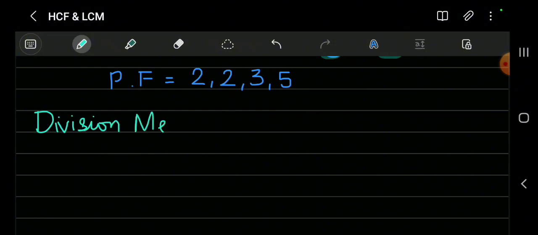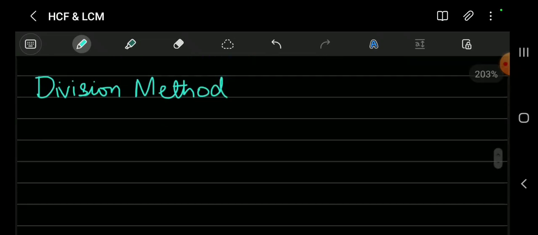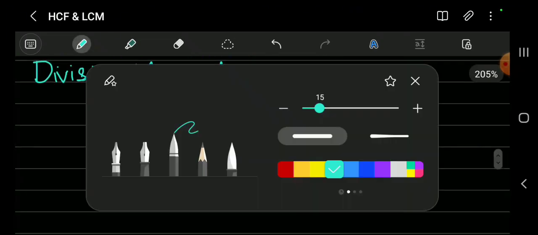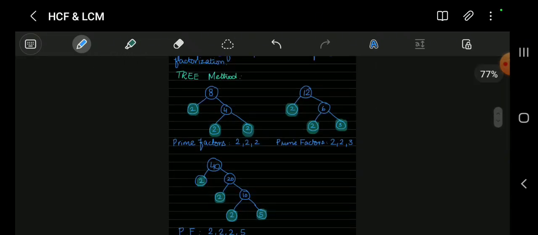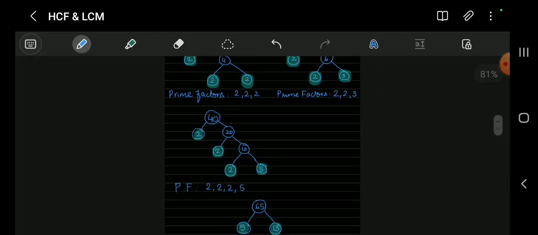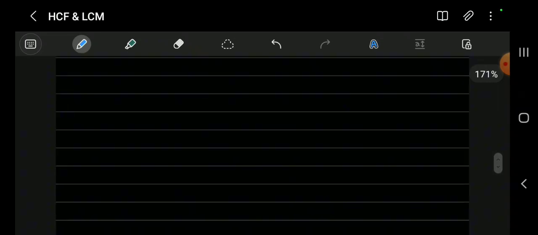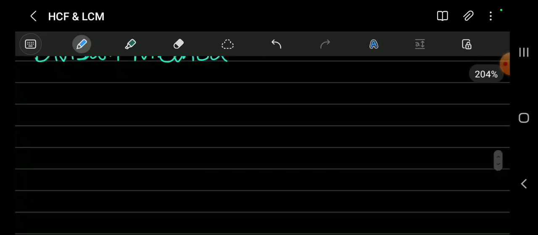In the division method, we do repeated division of a number until we get our prime factors. Okay, so we are going to take the same examples of 8, 12, 40, 65 and 60 to show you how these both procedures work. So this is your grid.